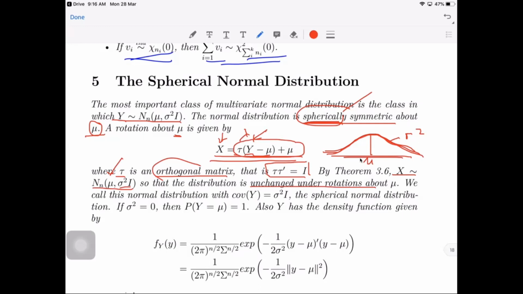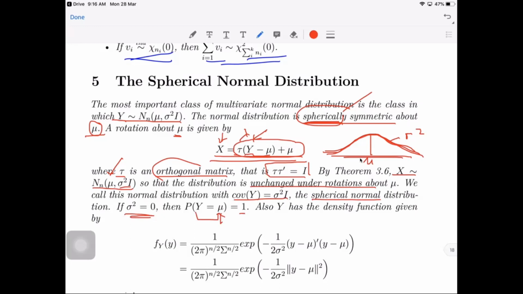So we call this normal distribution with this covariance the spherical normal distribution. If the variance is equal to 0, then we are sure that our y is exactly equal to your mean vector mu, that is with probability 1.